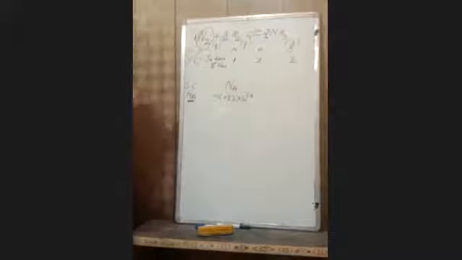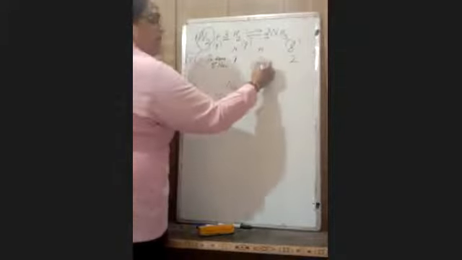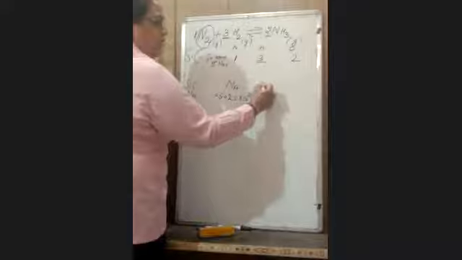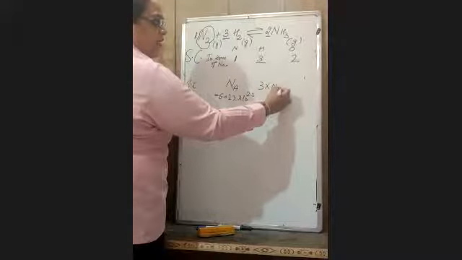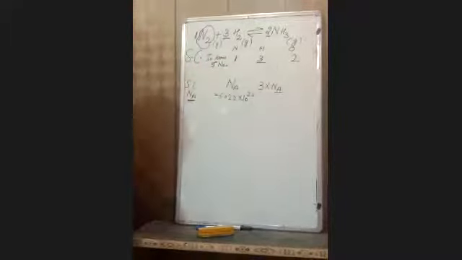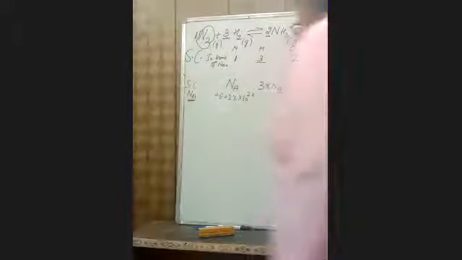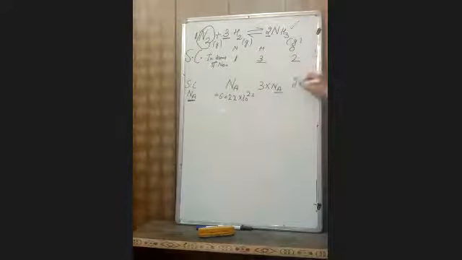I am telling you all the ways in which a chemical reaction can be represented, because you have to use any one of them in your calculations. It will be 3 moles, that is 3 into Na. Na means Avogadro's number. And then 2 into Na.